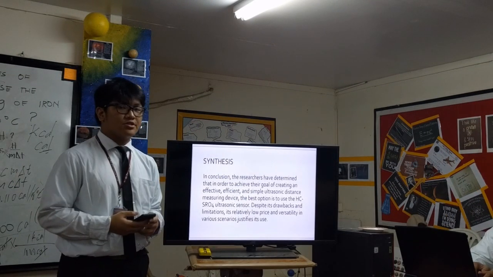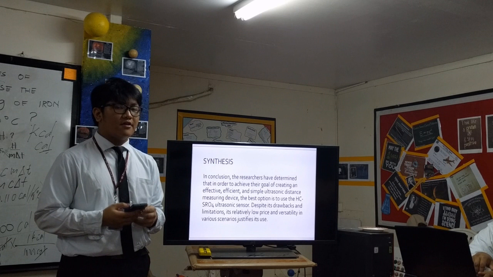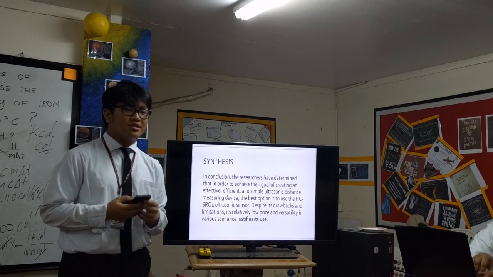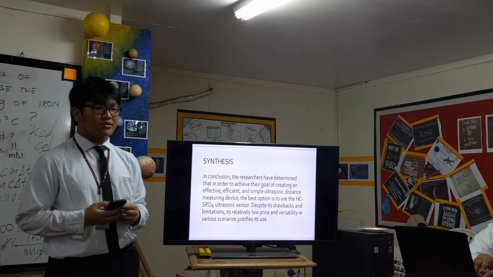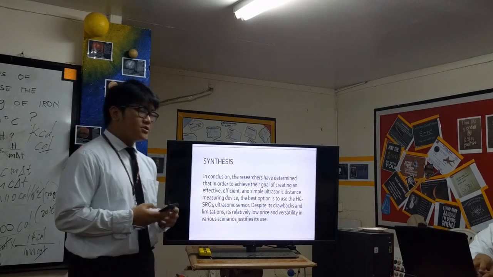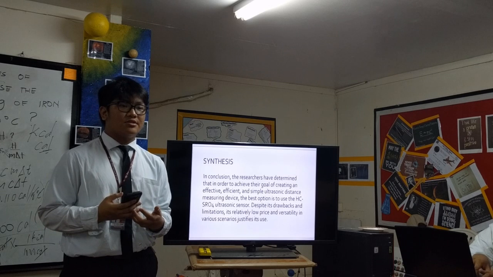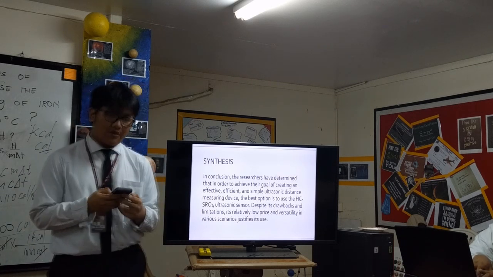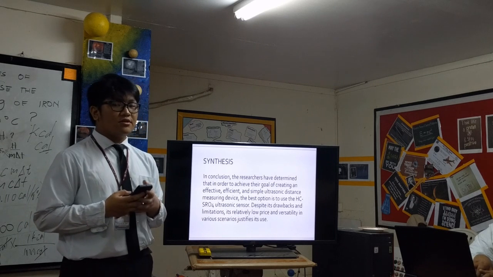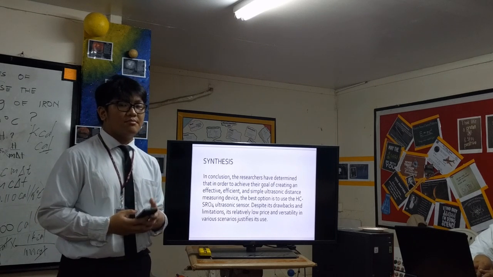So the goal of the researchers is to create an effective, efficient, yet simple ultrasonic distance measuring device. And we chose the HC-SR04 as our sensor in order to do so. It has its drawbacks and its limitations, but these are the reasons why we chose it. First of all, this sensor allows us to create a device that uses a non-contact method.